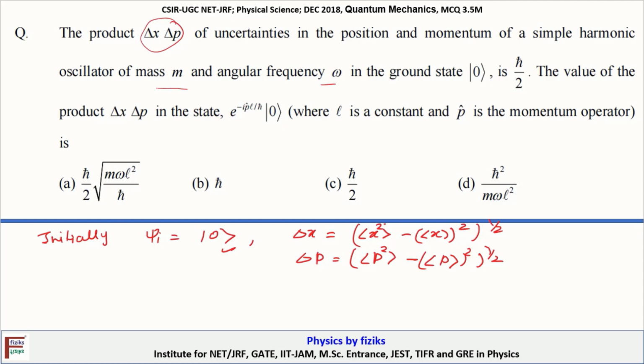For this state, if we calculate delta x and delta p, we get the product delta x delta p equal to h cross by 2.